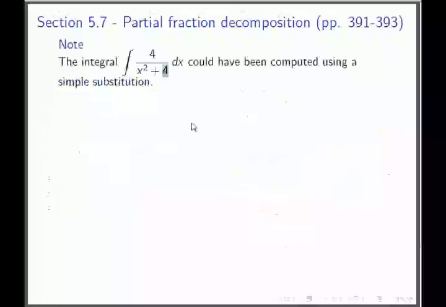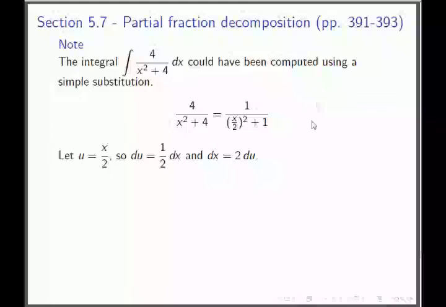So if I want to make that a 1, I can just divide top and bottom by 4. And this is what I get if I do that. Then, if I make the substitution u equals x over 2, then I can convert this to that integral form involving arctangent. So I'm going to let u equal x over 2, du is equal to 1/2 dx, so dx is 2 du. Then rewriting the integral looks like this.